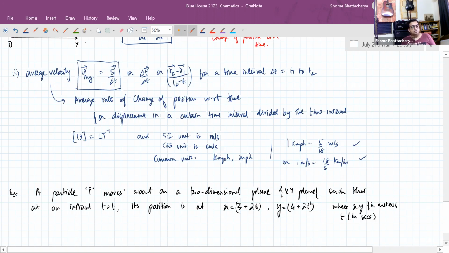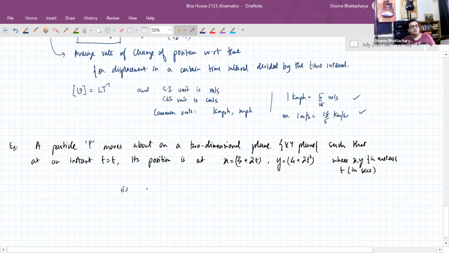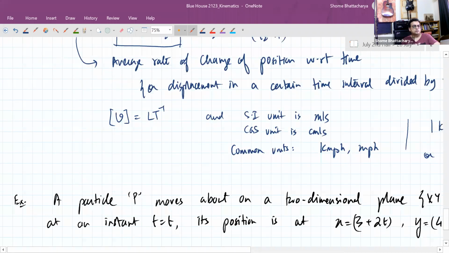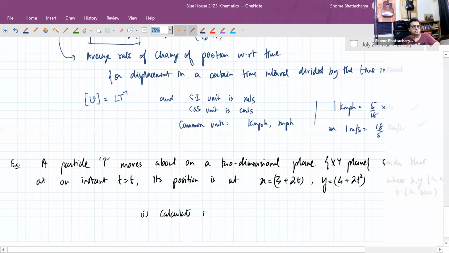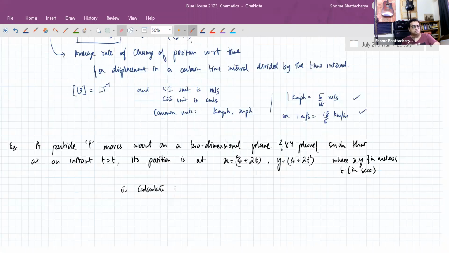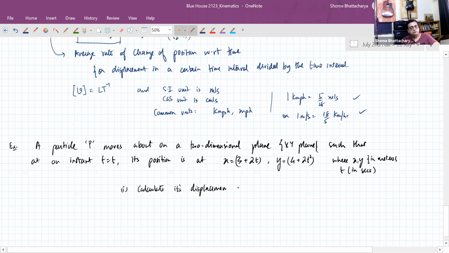First of all, calculate its displacement S and the magnitude of the displacement from t equal to 0 to t equal to 2 seconds.